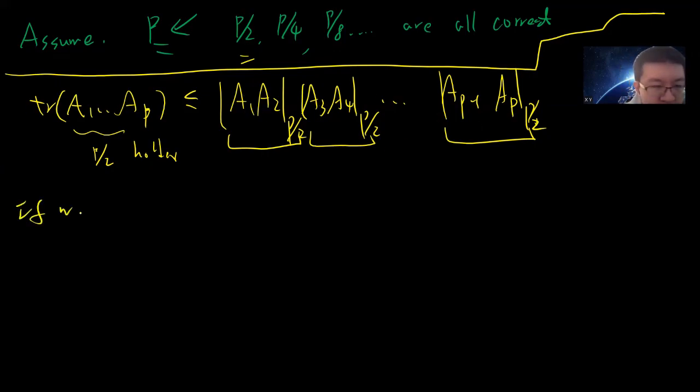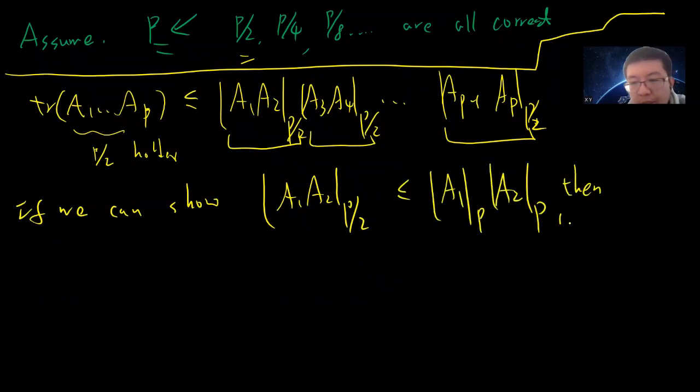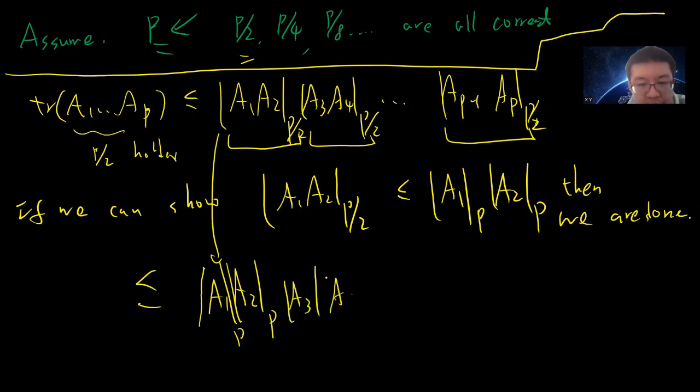If we can show that the norm of A1 A2 in p divided by 2 is bounded by the norm of A1 in p times the norm of A2 in p, then we are done, because I can replace this term with A1 A2 p, A3 A4 p, up to A(p-1) Ap p.